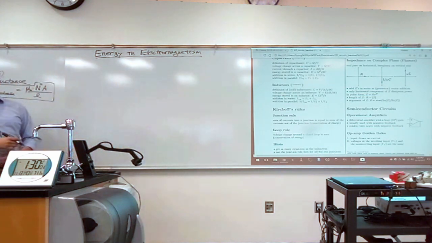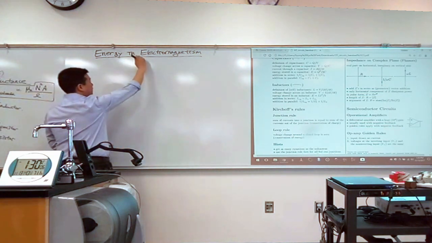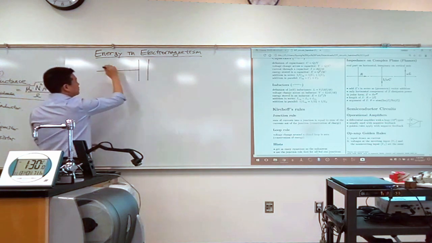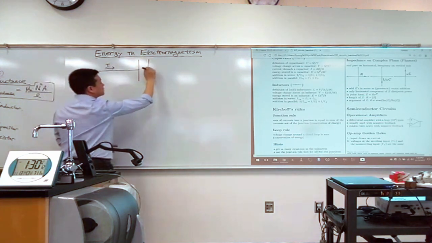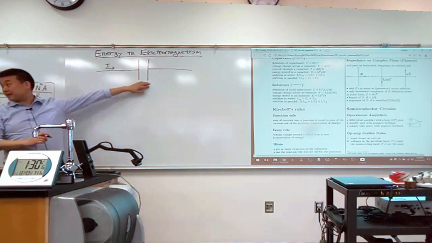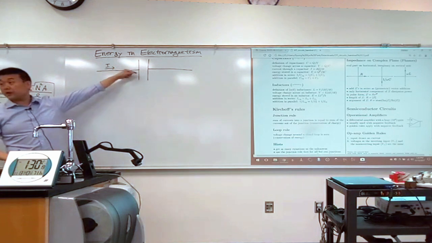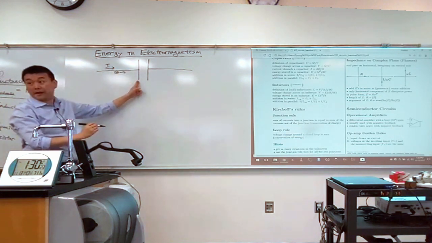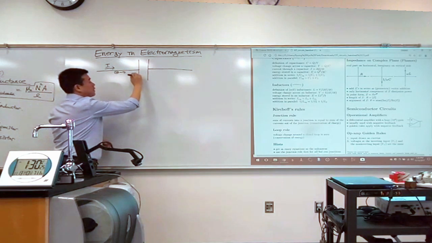Imagine I have a parallel plate capacitor. Let's say I have some current flowing through this capacitor. There's no actual current flowing through the capacitor, but it looks like it does. Because when you have current coming in, you have positive charges moving into this plate, charging up this plate positively.